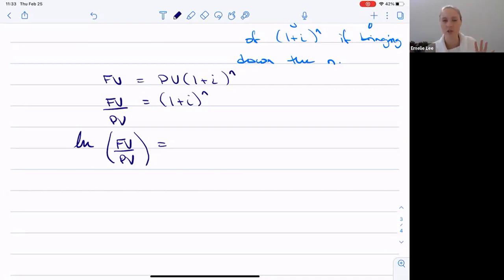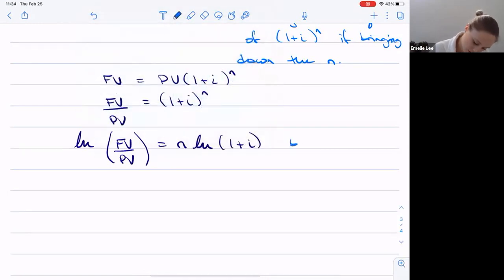So it's okay to just jump right to that. So here is n times the log of (1 plus i), right? And this is by law number 1. Just in case you need to kind of convince yourself. You don't have to tell me what law you're using. I assume that you have them memorized, so you don't need to tell me.